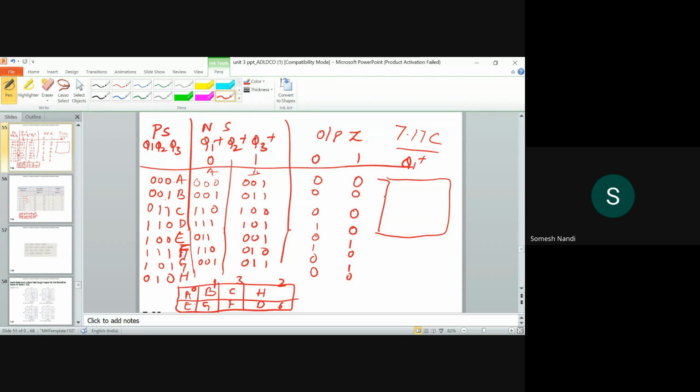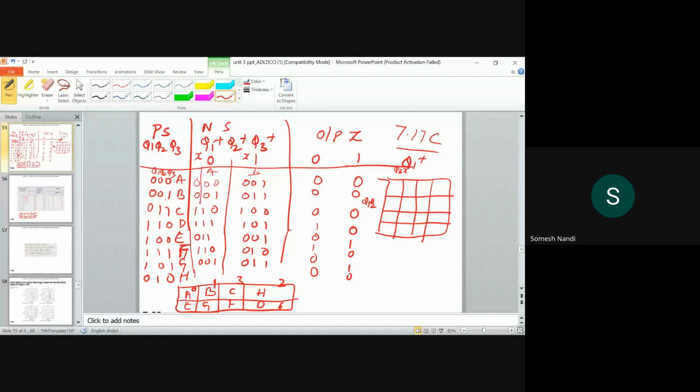So it will be a 4 variable map. It is not a 3 variable map. It is a 4 variable map because you are considering your x as 0, x as 1. So if I take here Q1, Q2, Q3 and x. So 0 0 0 0, what is the value here?